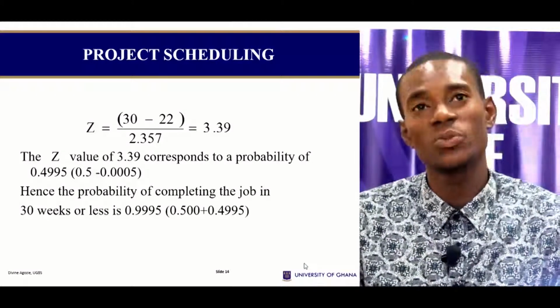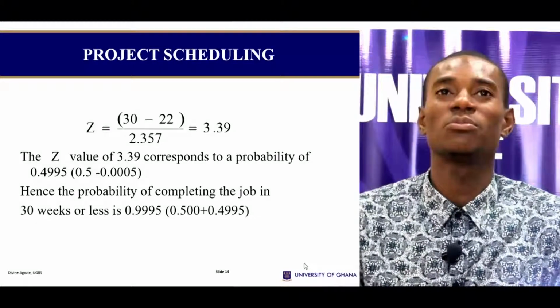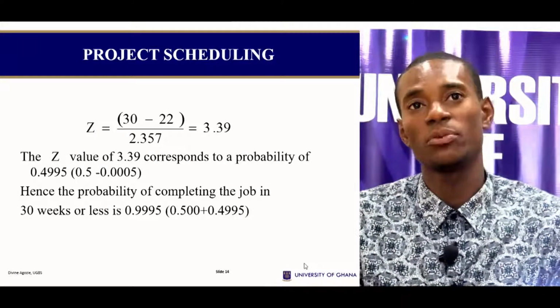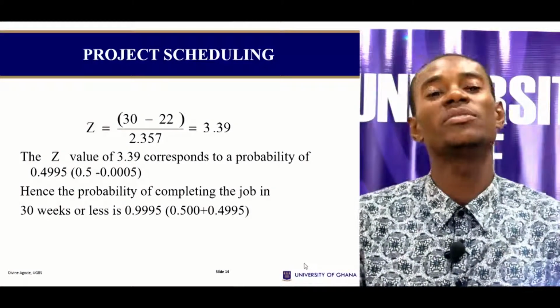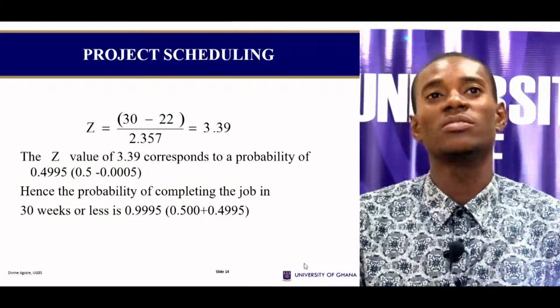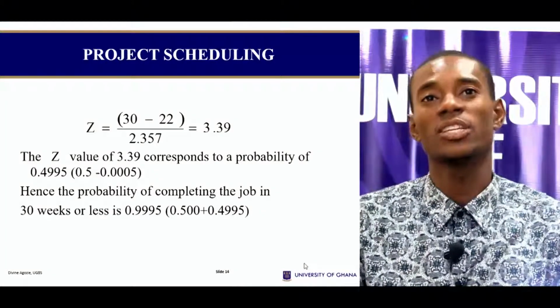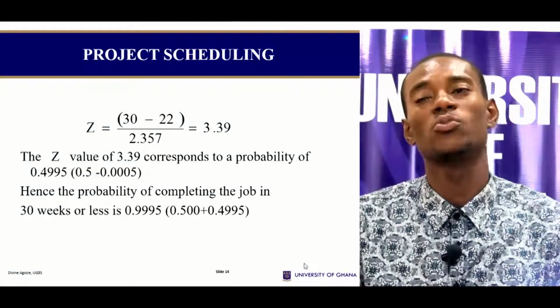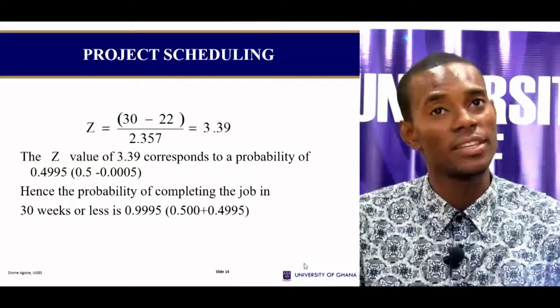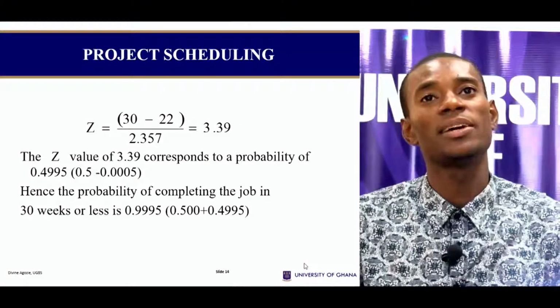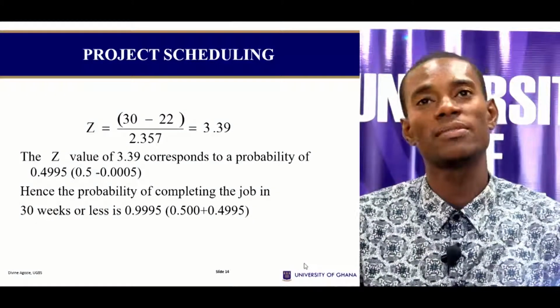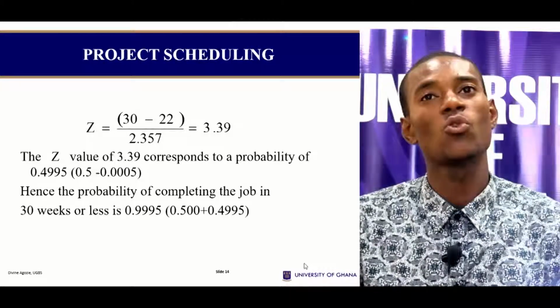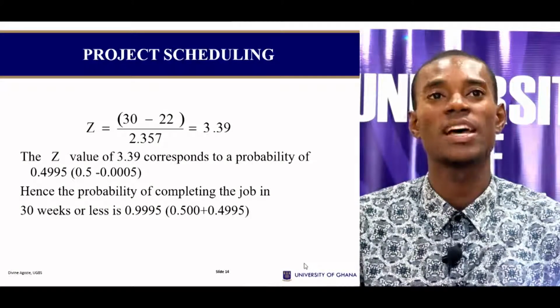So 30 becomes my sample mean. But the population mean, in our case the project completion time, is 22 weeks. And my standard deviation, which I found, is 2.357. So I get 30 minus 22 over 2.357, and I have a z-value of 3.39.